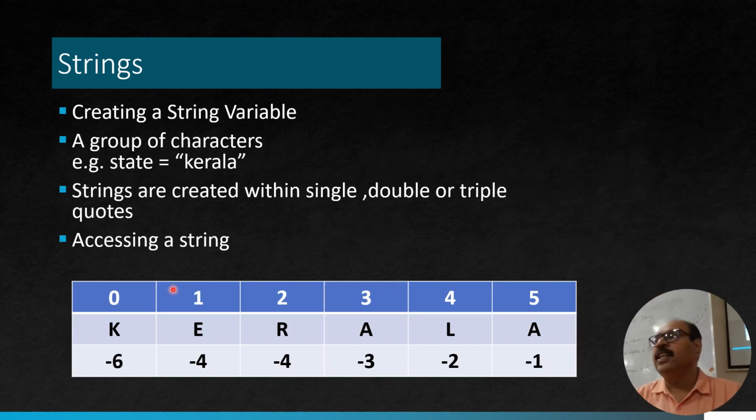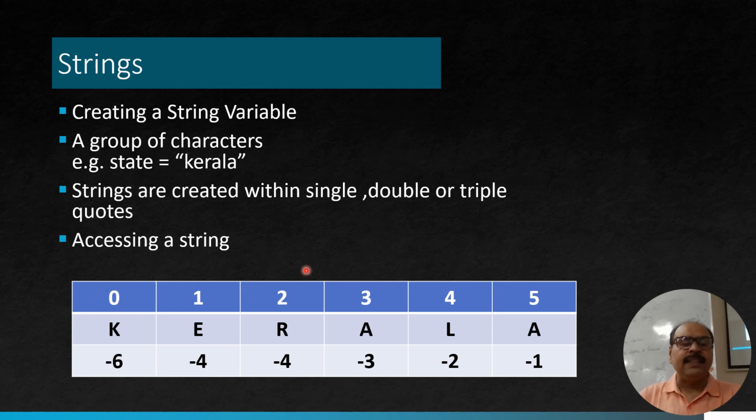So next we'll see what string data types are and how to create a string variable. Let us take an example: I'm using state as a variable name with the value Kerala. Strings are created with single, double or triple quotes.